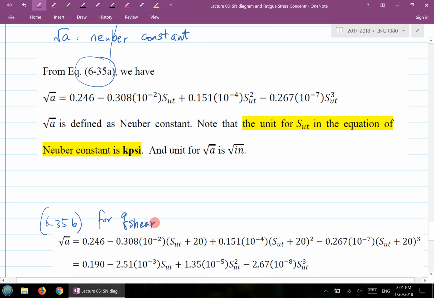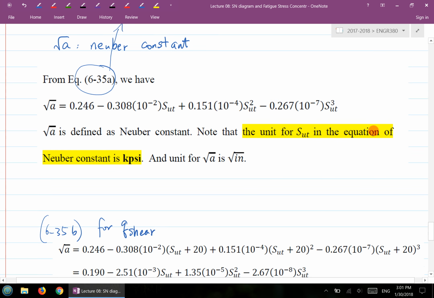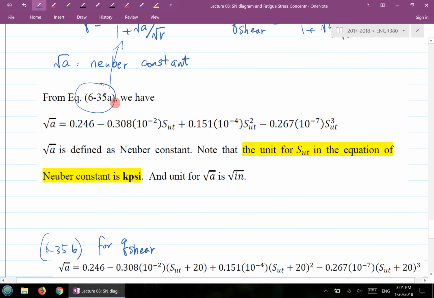So there are two formulas for the Neuber constant. If you want to calculate Q, use 6-35A. Otherwise, for Q shear, use 6-35B. I will give you some Excel files solving class examples and tutorial examples, and templates will also be posted later when we do the shaft design.